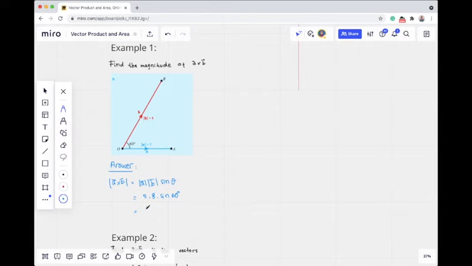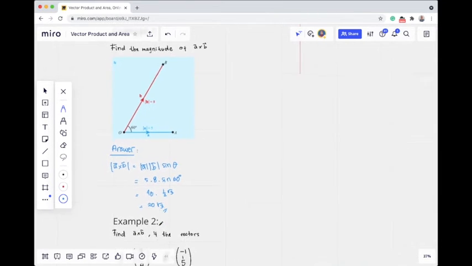This is 40, sine 60 is half square root of 3. So this is 20 square root of 3.